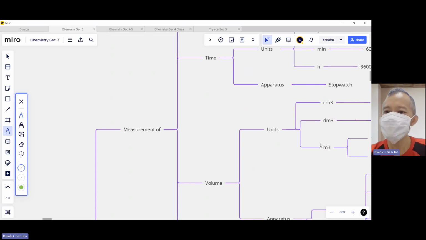Tell me, 1 cubic meter is how many cubic centimeters? You can feel free to work it out.